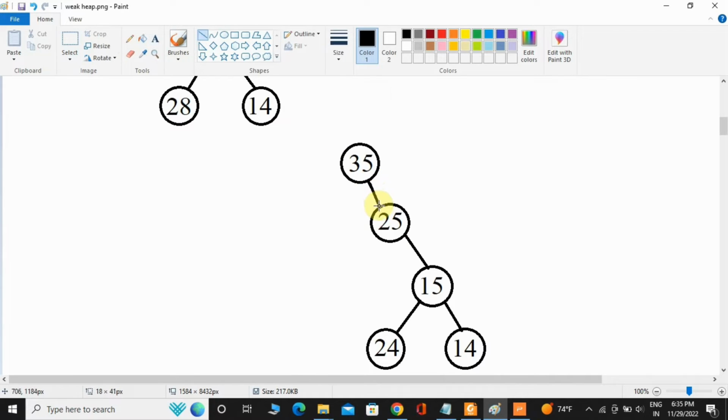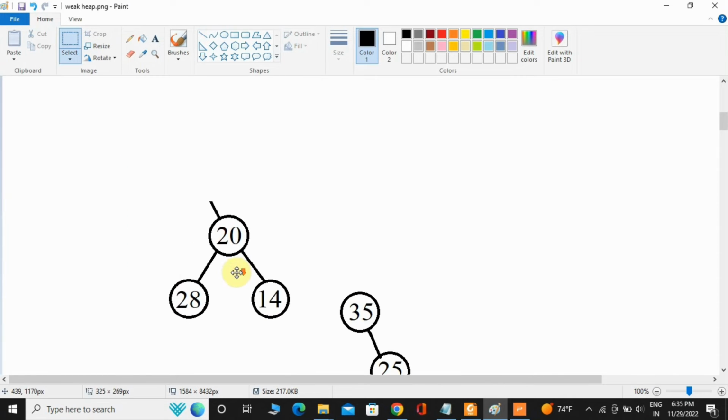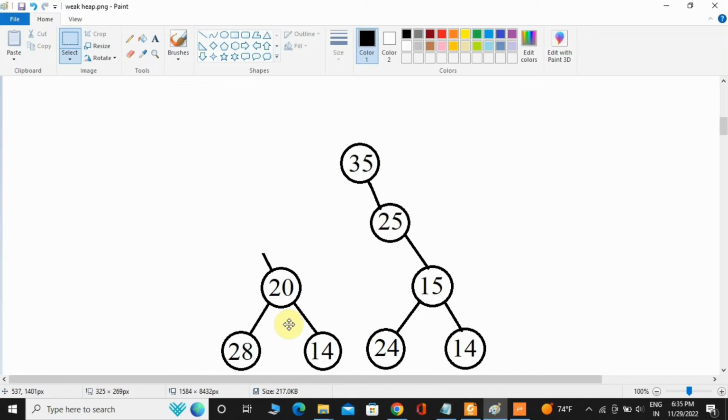Alright, I'm going to link this, and the final step is to take this whole heap and place it here and make this heap the left subtree of the second weak heap. So now that's how you merge two weak heaps.